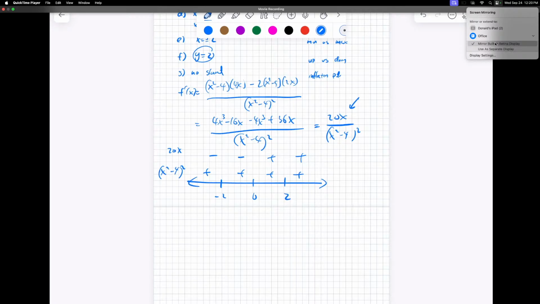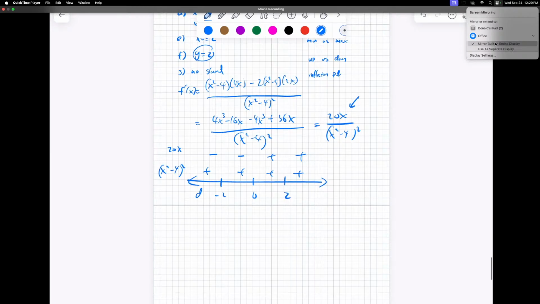The top goes negative to positive, so it's decreasing, decreasing, increasing, increasing. So where's the relative maximum or minimum? 0 is your minimum, but you have to double check whether 0 is defined in the original function.